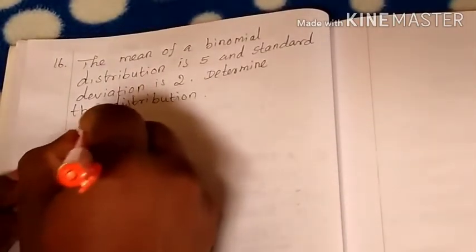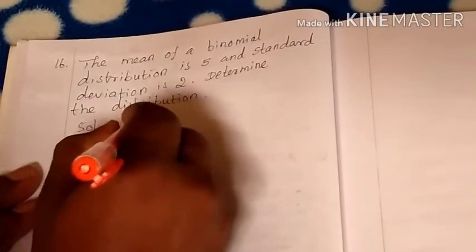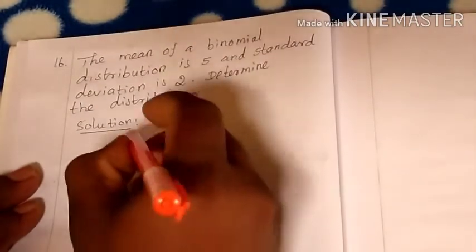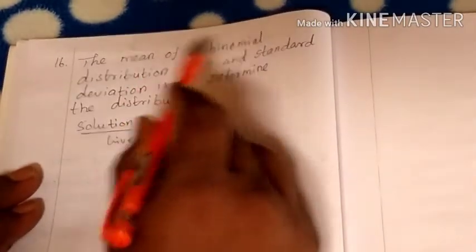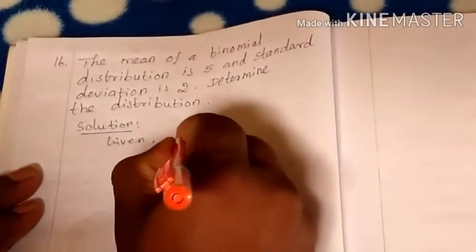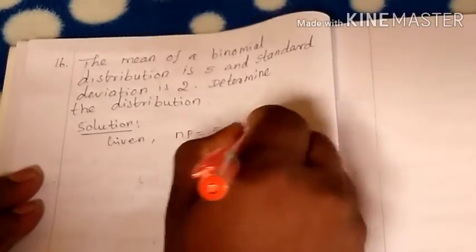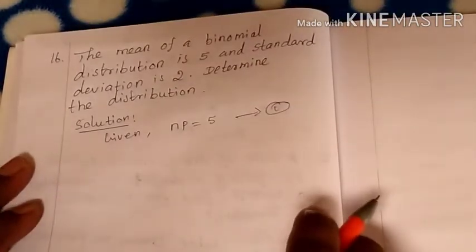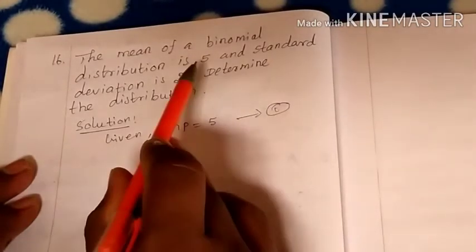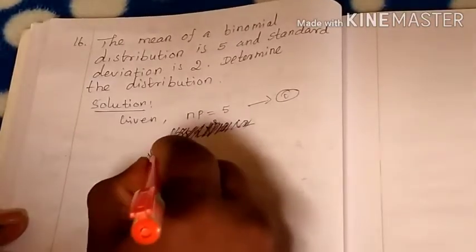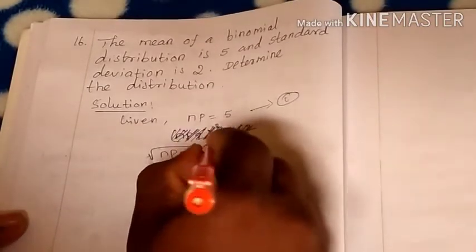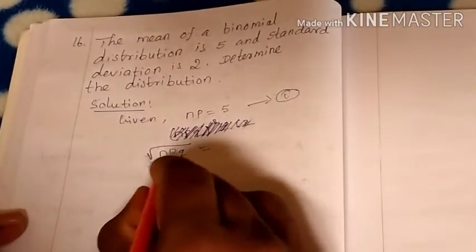The solution. Given: the mean of the binomial distribution is 5, that is np is equal to 5. This is your first equation. Then the standard deviation is 2, that is the square root of npq. The square root of variance is the standard deviation.